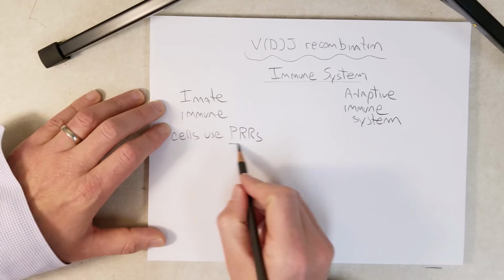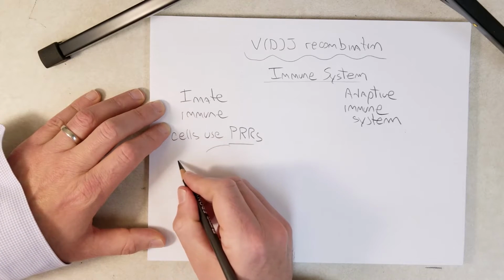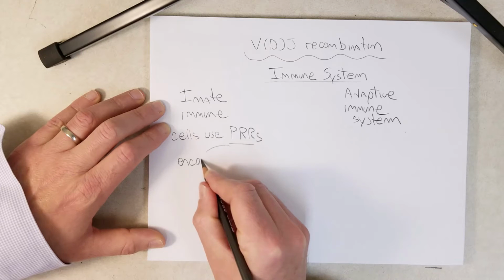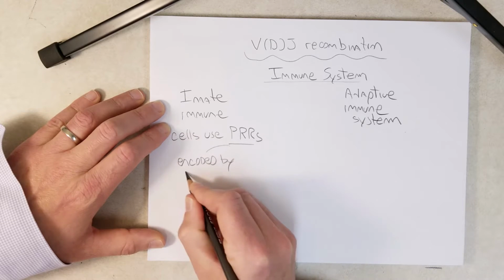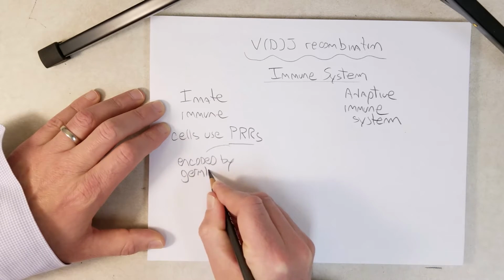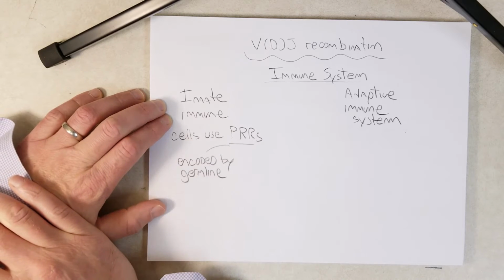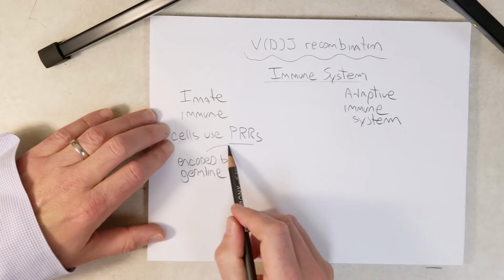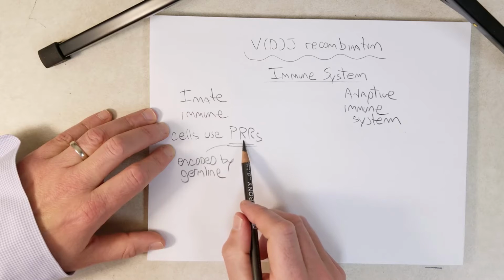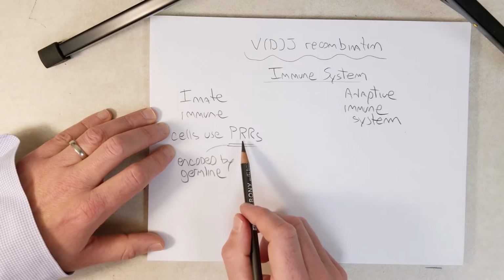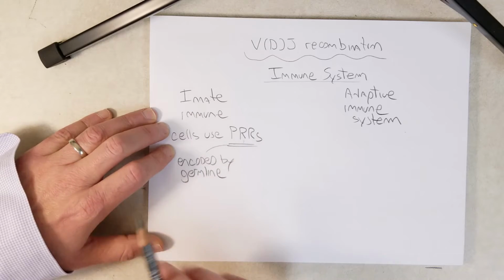These receptors are encoded by the germline. Well, all of our genes are encoded by the germline, right? But what you're going to see is that these don't need any rearrangement, any recombination, in order to function.